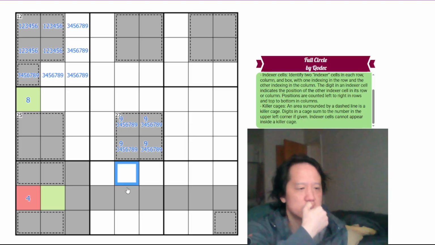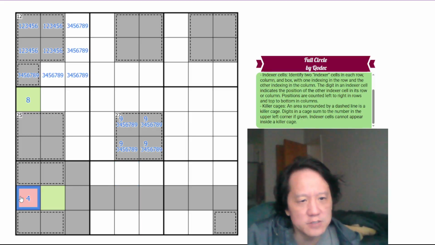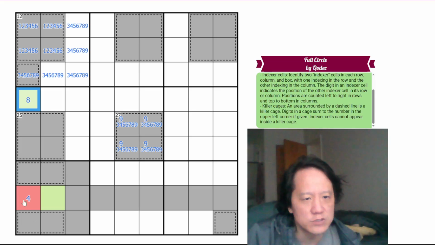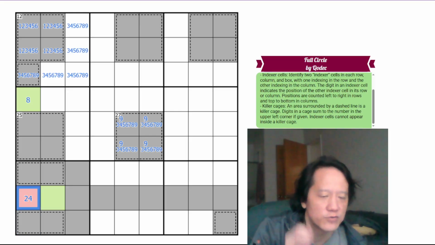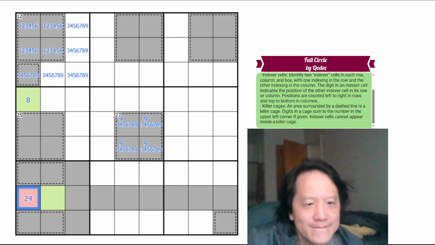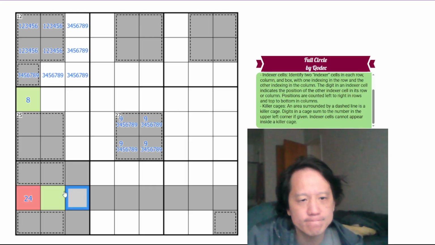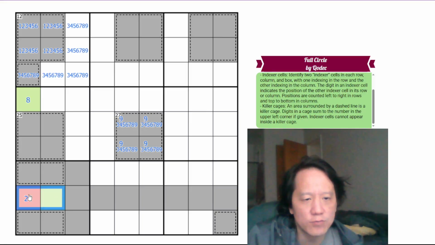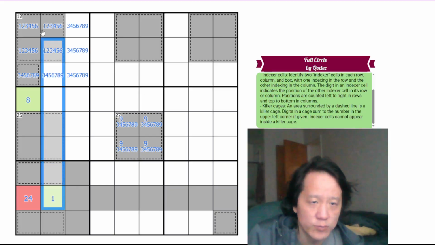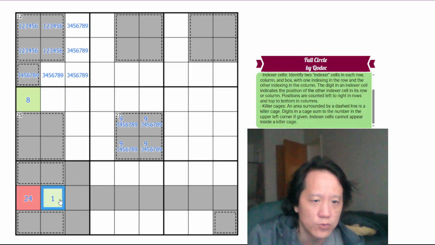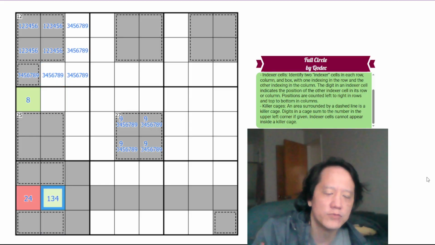Okay. So this is either indexing the column, which is 4, or the row, which is 2. So this is guaranteed to be 2 or 4. Okay. This is indexing either the row, which would be 1, or the column, which would be 3 or 4. We don't know.